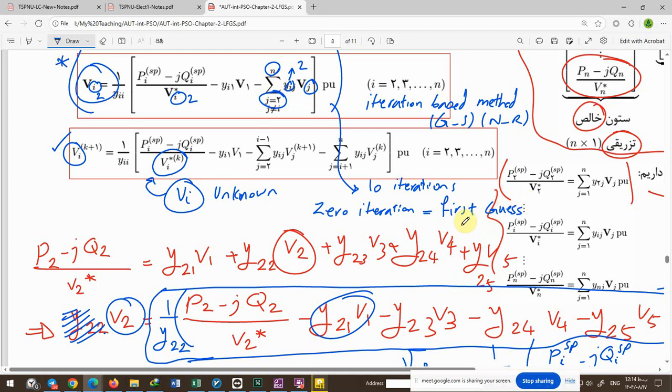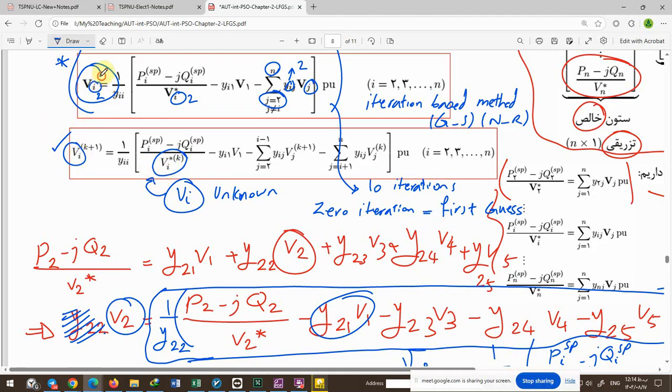The first guess is near the place of your answer.